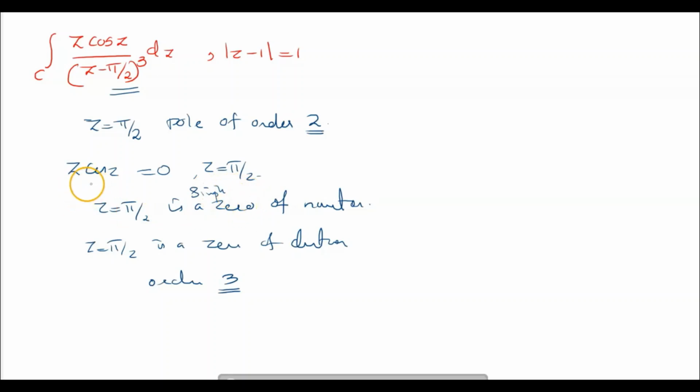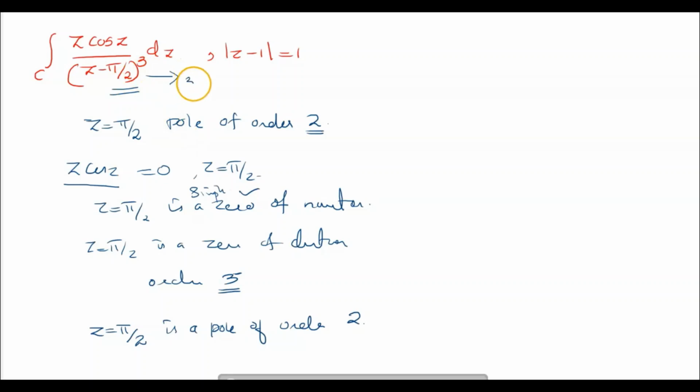That means for z cos z, z equal to pi by 2 is a simple 0 because the derivative of z cos z at z equal to pi by 2 is not equal to 0. Therefore, z equal to pi by 2 is a simple 0 of the numerator, but a 0 of order 3 of the denominator. Therefore, for this function z cos z divided by (z minus pi by 2) whole cube, z equal to pi by 2 is a pole of order 3 minus 1, that is 2.